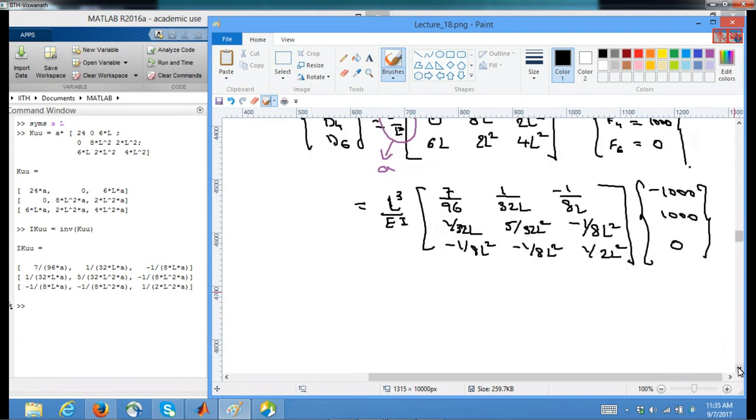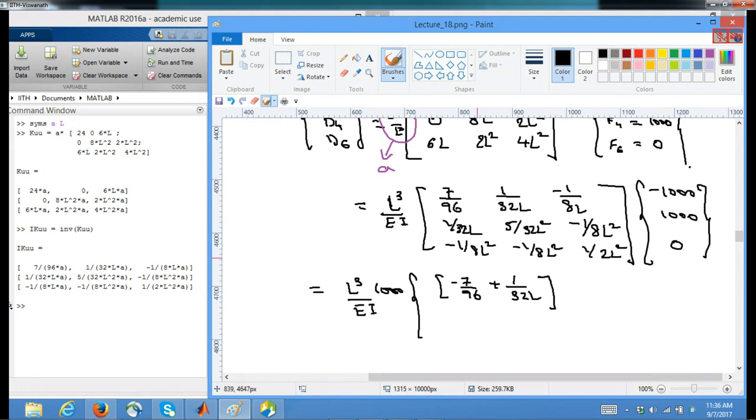So then you can quickly write this one as L cube by EI into 1000. The first one is with a minus 7 by 96 plus 1 by 32L. Anyway, this is 0.